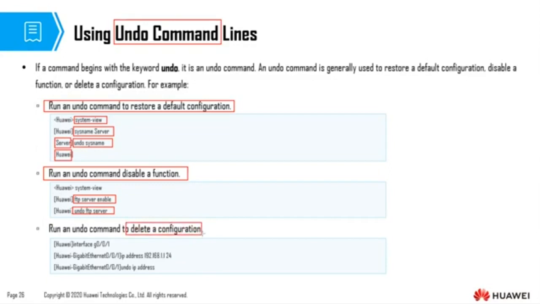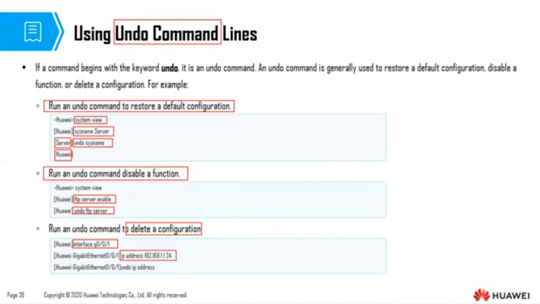We can also use the undo command to delete a configuration. One of the configurations that you might need to delete regularly during the labs is the IP address. So for example, you've gone into an interface G0/0/1, then you've typed IP address 192.168.1.1 space the mask 24. So if you realize that, oh, I've configured the wrong IP address, there are two ways you can do it.